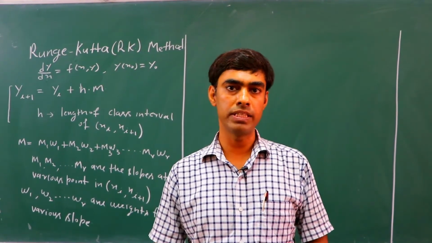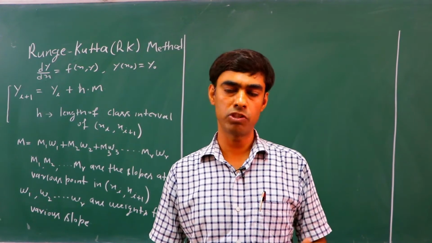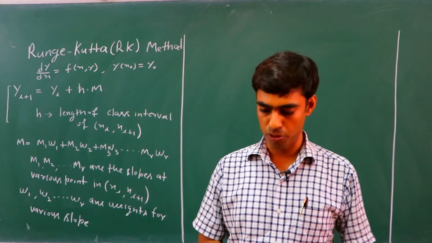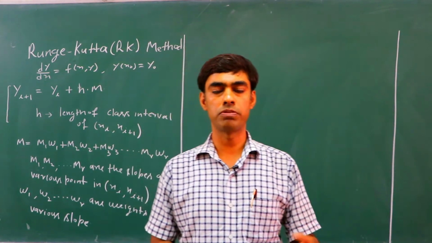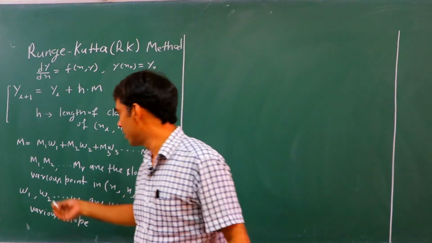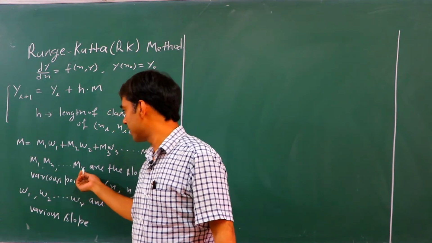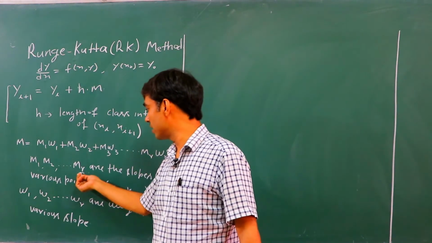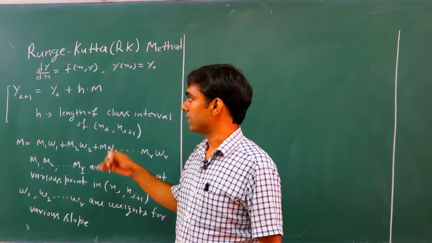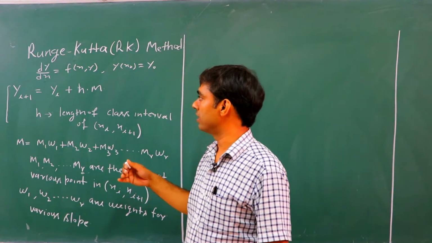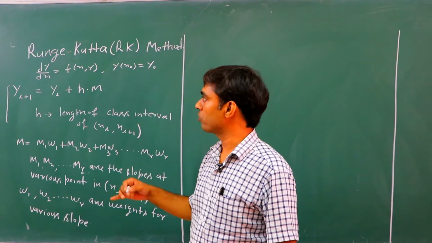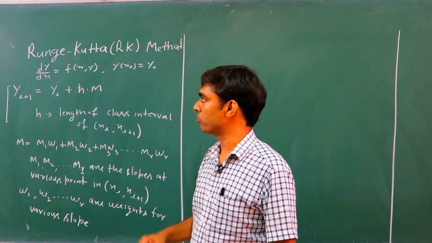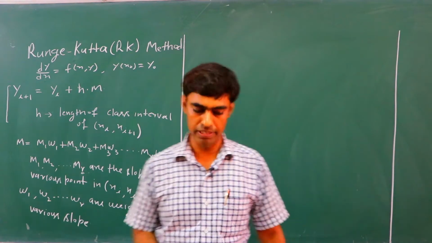In the improved Euler method we use the average of a two point slope, and in the modified Euler method we also use a two point slope. So as the number of slopes increases, meaning as r increases, the order of the Runge Kutta method increases and the accuracy also increases. A second order RK method has better accuracy than a first order, and a fourth order RK method has better accuracy than third, second and first.